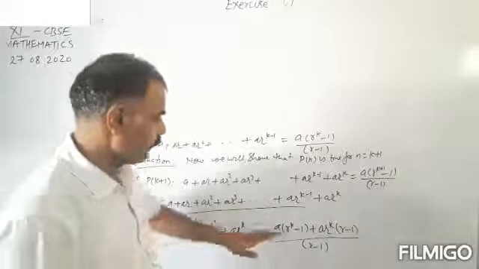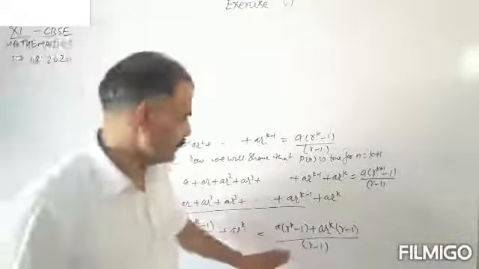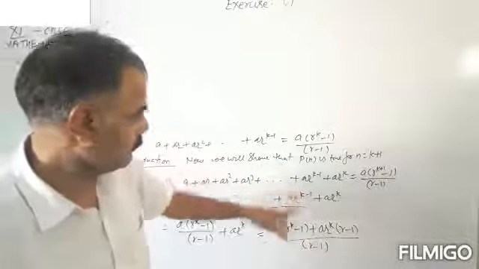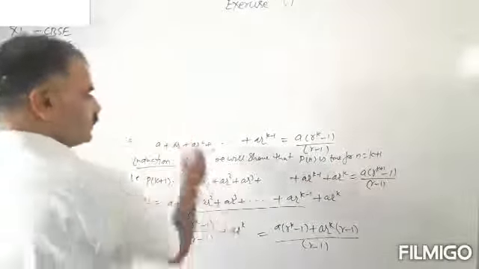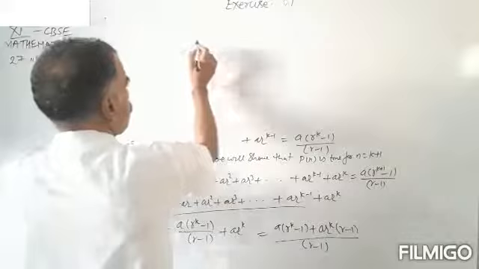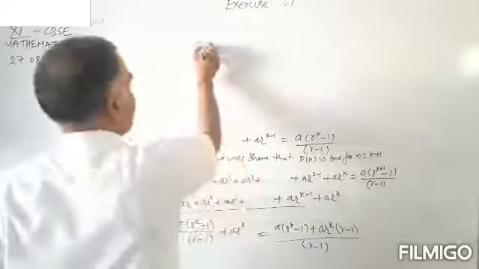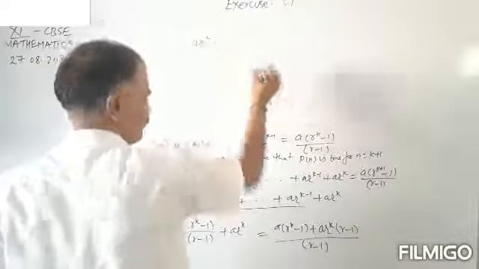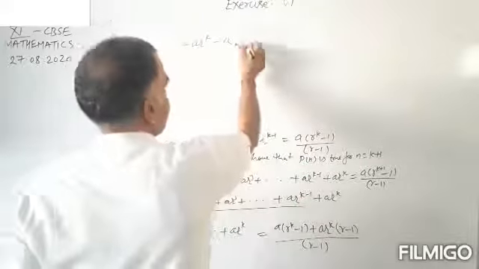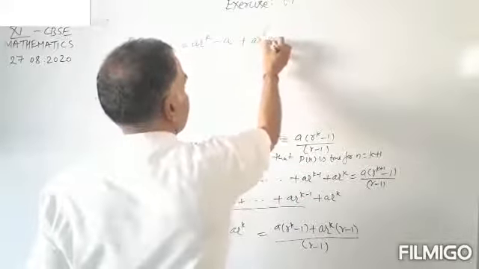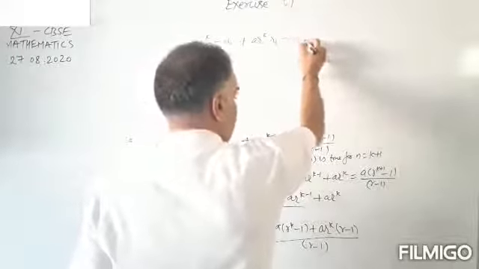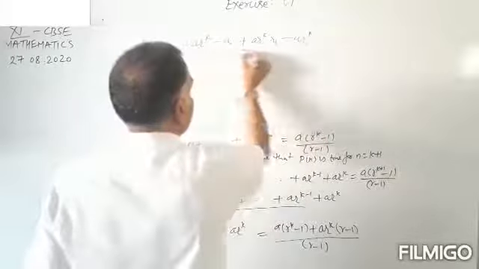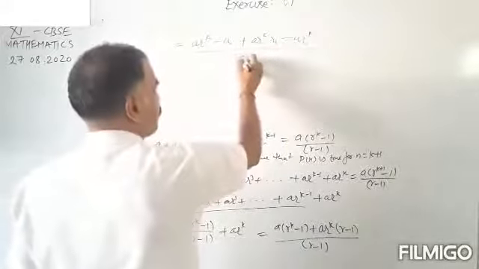Solving this, we have to obtain the right hand side. After solving, this is equal to ar to the power k minus a plus ar to the power k into r minus ar to the power k, upon r minus 1.